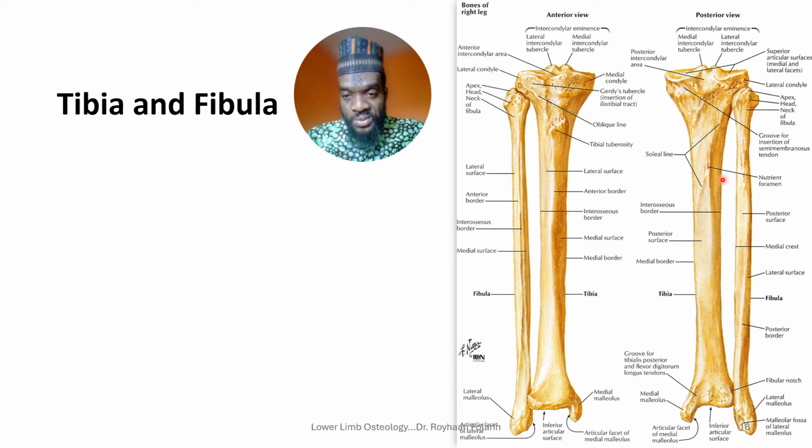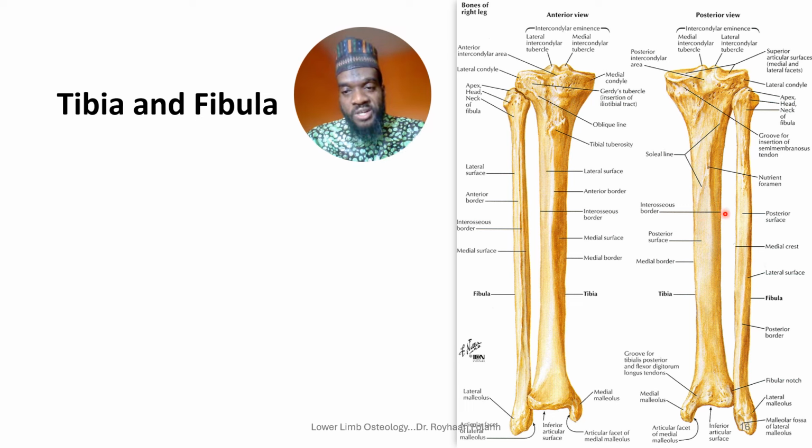And so here is the interosseous border. It's to the right for the right tibia, and it's to the left for the right fibula. Here's the posterior surface of the fibula. Here is the posterior surface of the tibia. Here is the medial border, and here is the lateral.